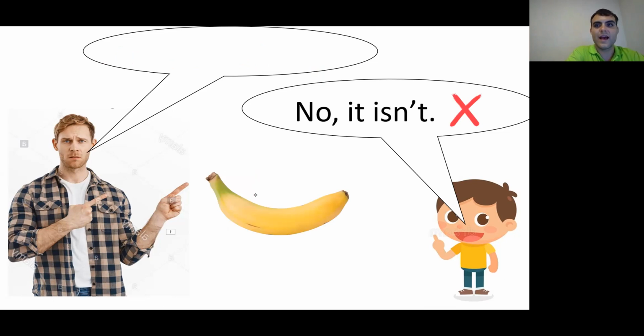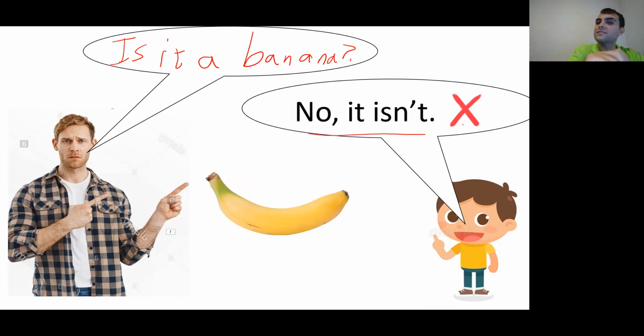Right, he's going to ask, so this is a banana. So what's he going to ask? Is he going to ask, is it a banana? In order to get the answer, no, it isn't. No, he can't do that. That doesn't make any sense. He's got to ask something else.